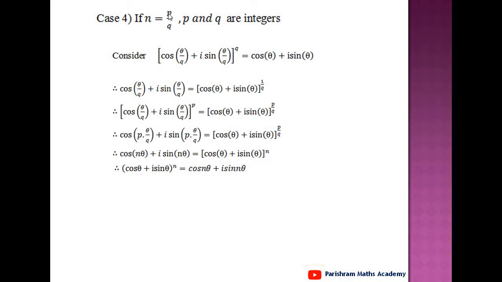What is p upon q? P upon q is nothing but n, and therefore cos nθ + i sin nθ equals (cos θ + i sin θ)^n. And therefore if n is a rational number, at that time (cos θ + i sin θ)^n is the same as cos nθ + i sin nθ.